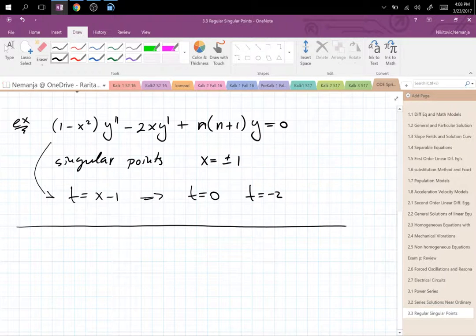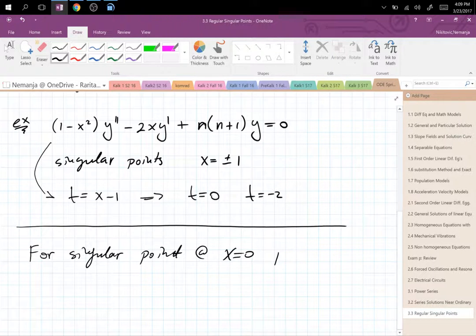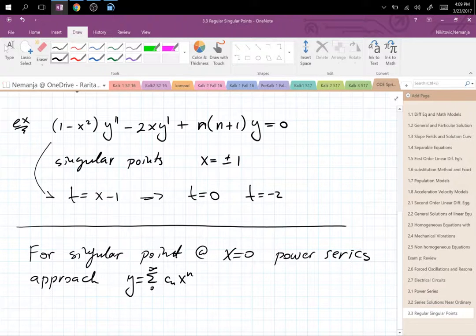For a singular point at x equals 0, the power series approach, which is to set y equal to the summation from 0 to infinity of c_n x to the n, does not work.